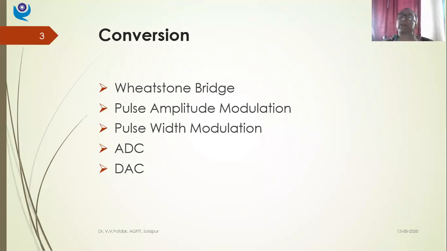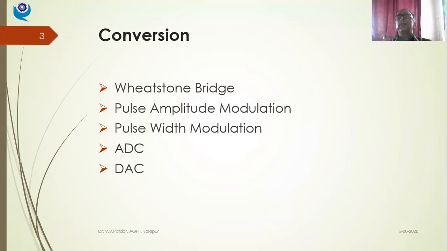What are the three configurations? Single arm bridge, 2 arm bridge, and 4 arm bridge. So what does it mean? The 4 arm bridge is most sensitive. For the same induced strain in the strain gauge, the 4 arm bridge gives me maximum voltage output compared to the single arm bridge and 2 arm bridge.